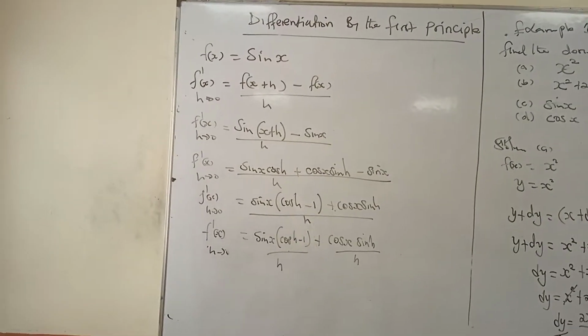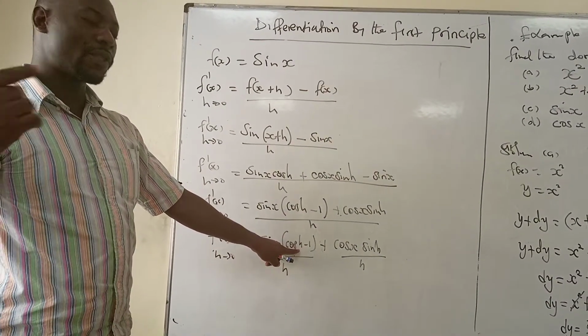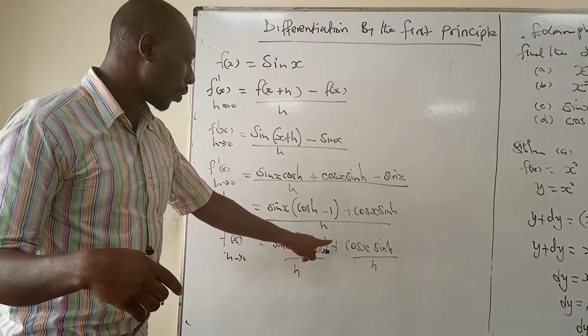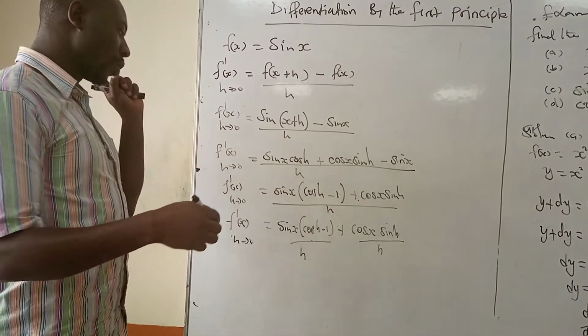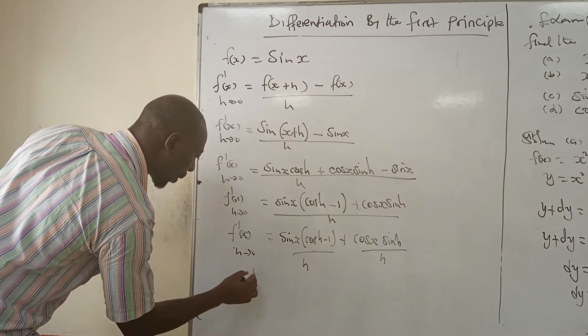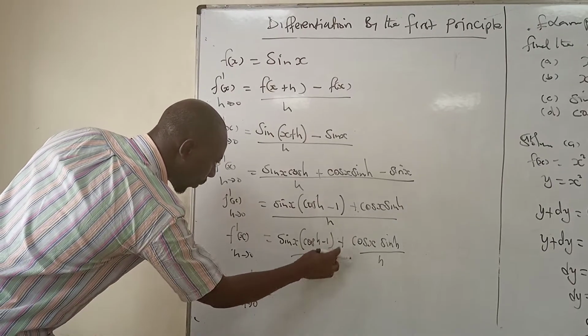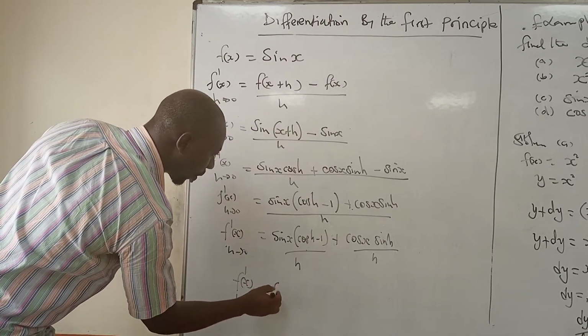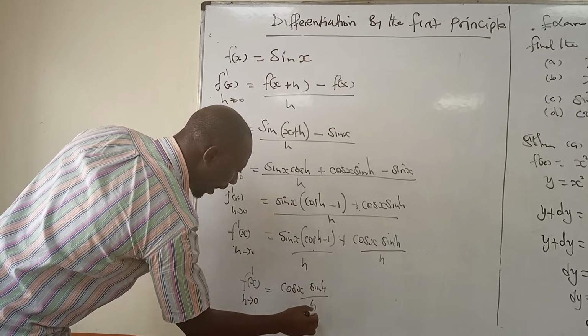So we can substitute at this point. h is 0. What is cosine of 0? Cosine of 0 is 1. 1 minus 1 is 0. So this bracket goes to 0. 0 multiplied by sine x, the first part goes to 0. So you end up with f prime of x, when h is approaching 0, given as cosine of x into sine of h over h.